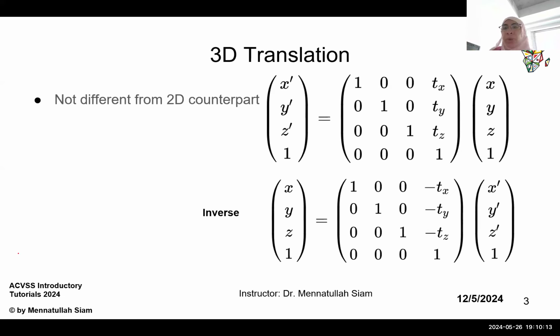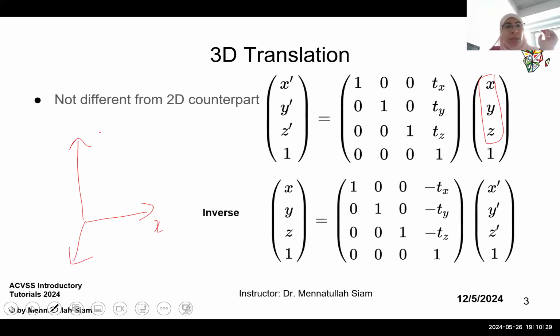Remember, with the translation now, I have my input X, Y, and Z. These are operations that are happening in the 3D world now, it's not just 2D. I have a point that I want to translate to a destination point, so I'll have a corresponding translation in X, in Y, and in Z. Everything else in the transformation matrix stays the same.